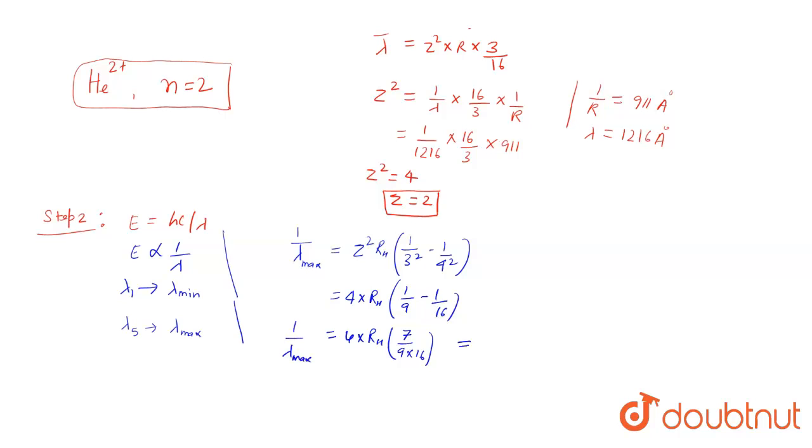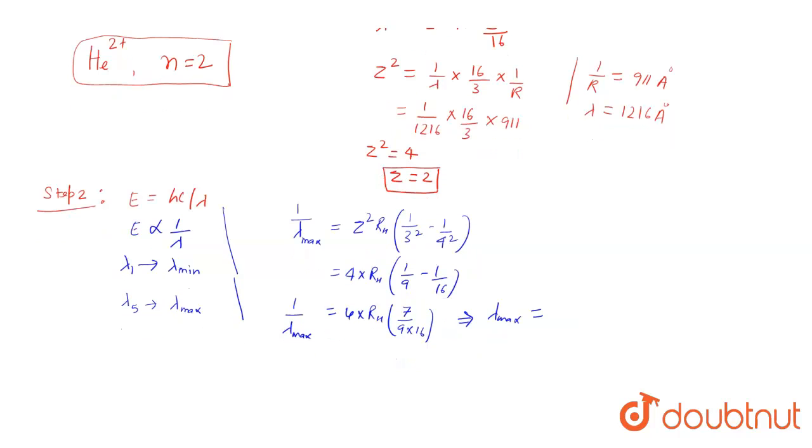So from here you can calculate lambda max is equal to 1 by 4 RH into 9 into 16 divided by 7, and the 4 is cancelled here.